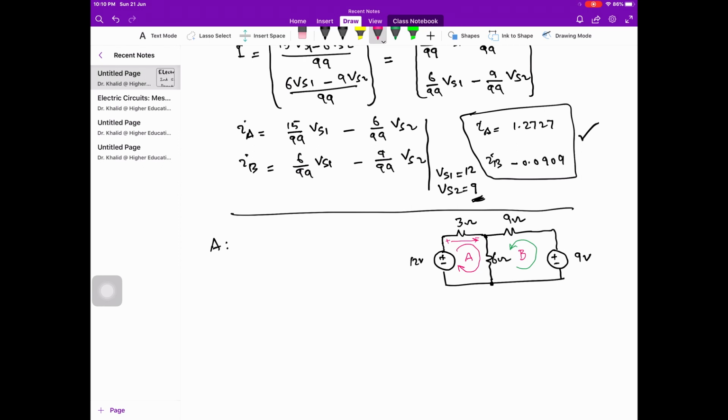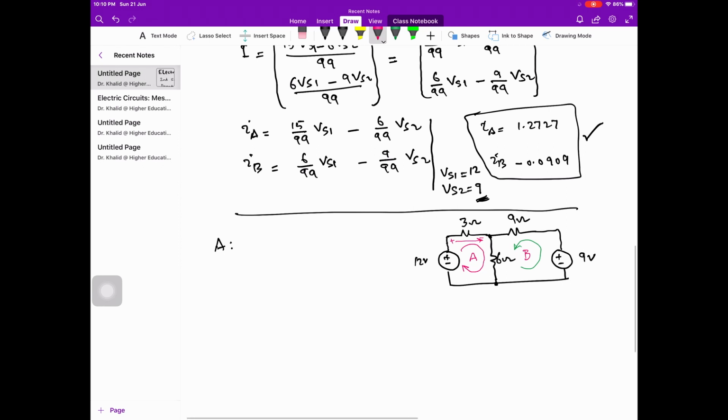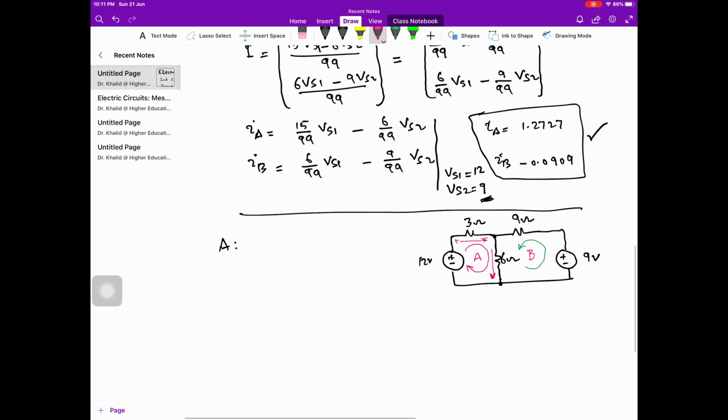What is the net downward current flowing through the 6 ohm?